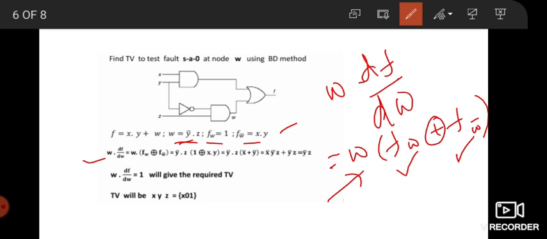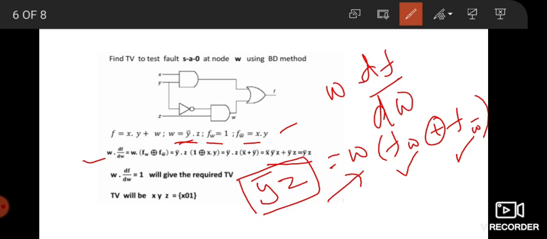Simplify that expression. Finally we get x bar y bar z plus y bar z, which simplifies again to y bar z. From this expression we are going to write the test vector.